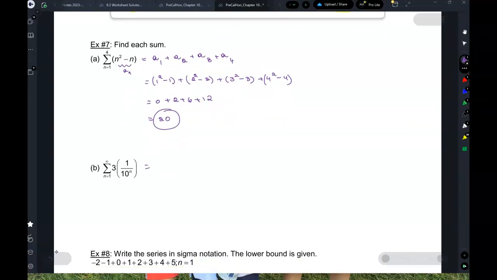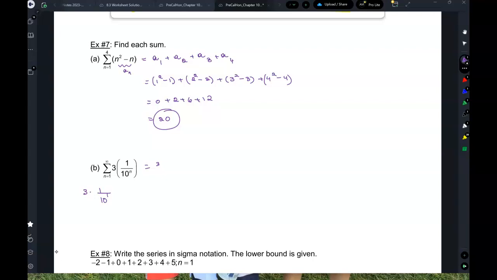Okay, this is like my absolute favorite problem over here, this B, okay? So look, it says add all these up from 1 to infinity. So this is going to be A sub 1 plus A sub 2 plus A sub 3 plus dot, dot, dot. So let's do it. When I do A sub 1, it's 3 times 1 over 10 to the 1, correct?